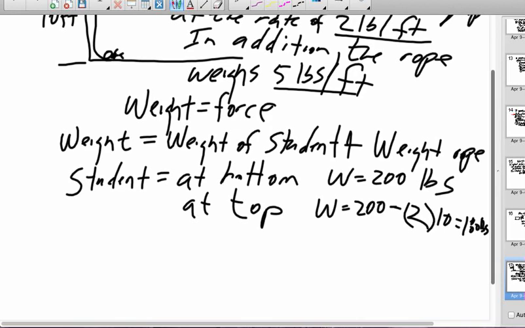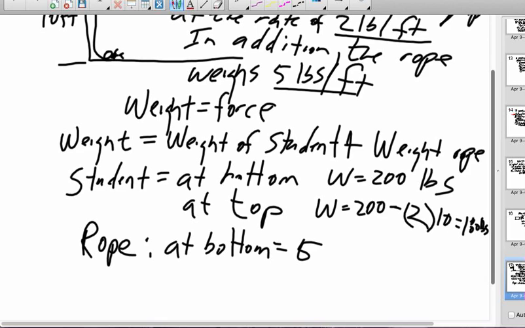Okay. So now let's take a look at the rope. As you can see, we're losing weight. Okay, at the bottom, it's going to be 5 pounds per foot times 10 feet of it hanging down below me, which means it's going to weigh 50 pounds.